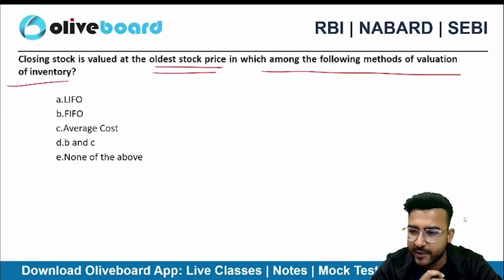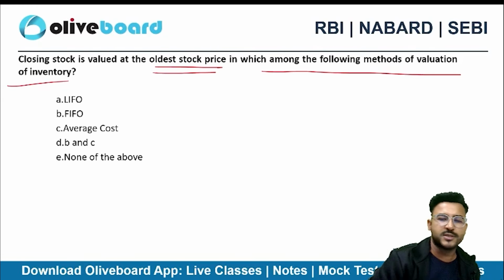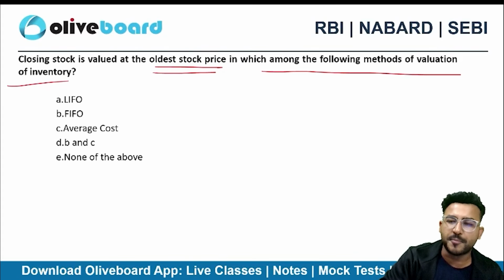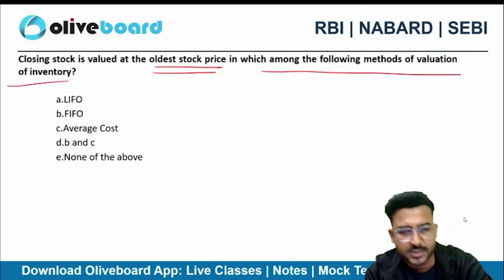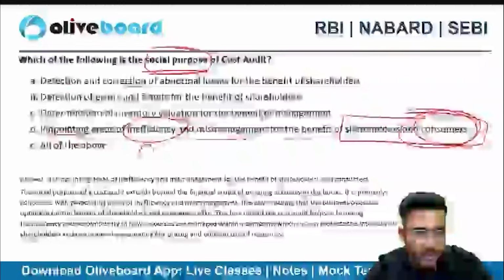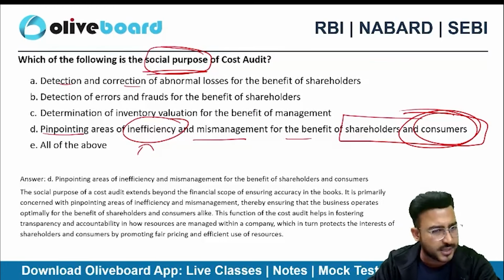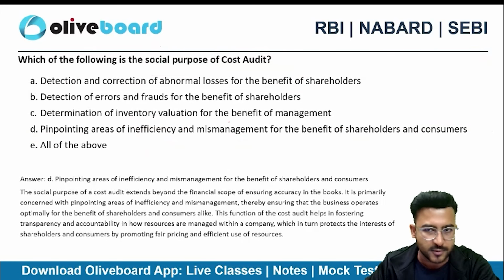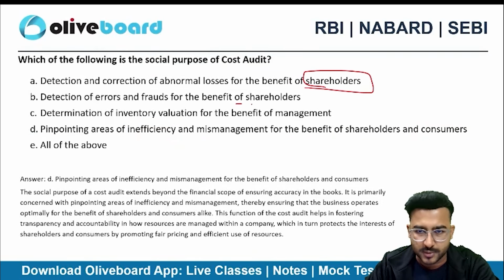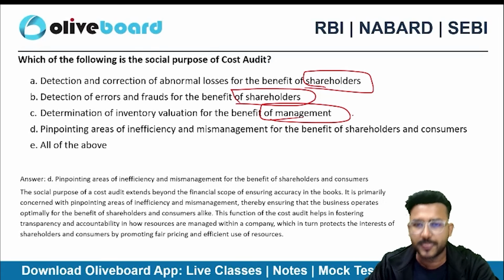Can you please explain why the options were wrong in the last question? Sure, definitely. The options were wrong in the last question because of a framing mistake. I just rechecked the question, and what should be the correct answer here is D only. But in the original question, nowhere consumers were mentioned. Shareholders were mentioned. Management was mentioned, right?